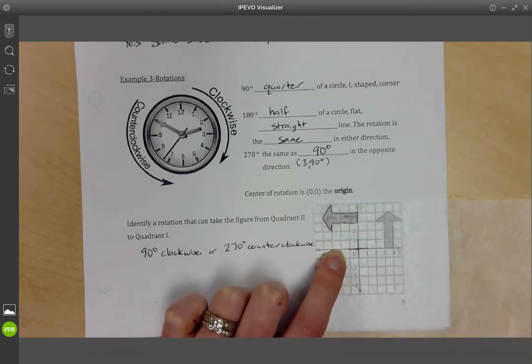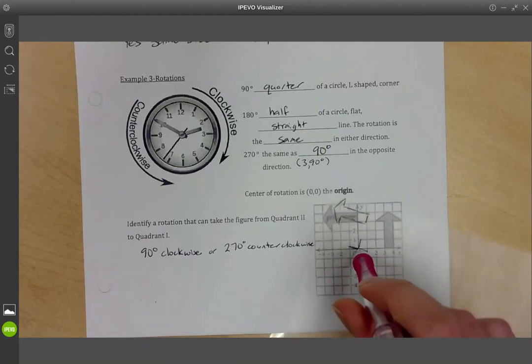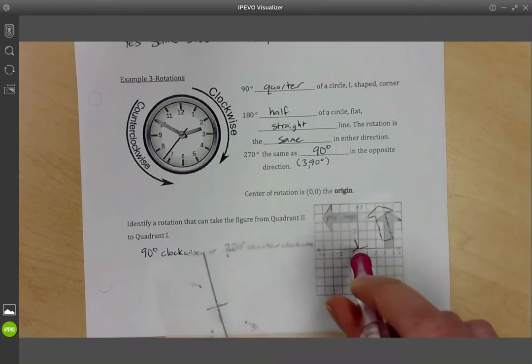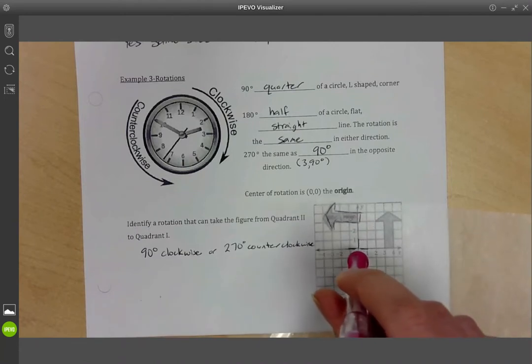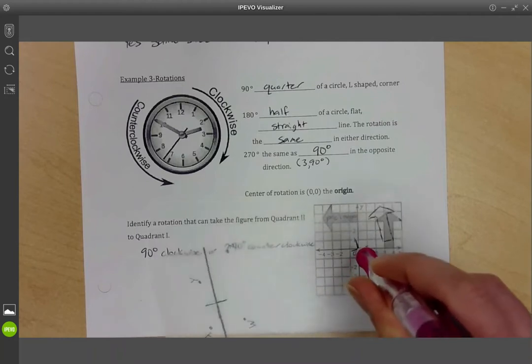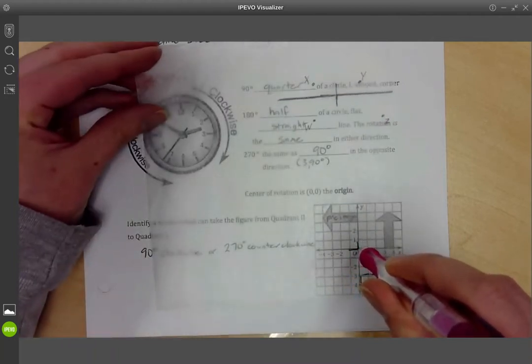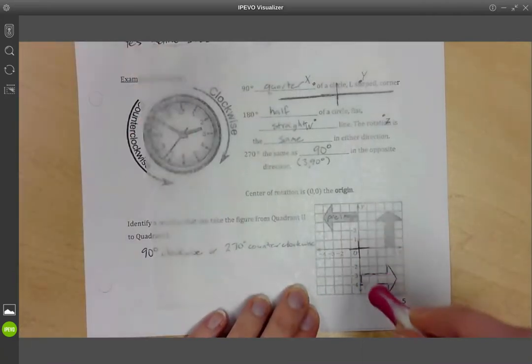So I'm spinning around the origin, a quarter turn to get there, right? It takes a quarter turn, or a 90-degree turn. If I did 180, that would be 2 90 turns. So this is 90. This would be another 90. It would make that straight line.